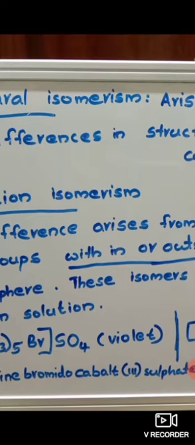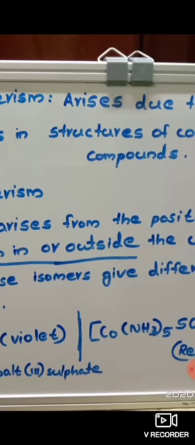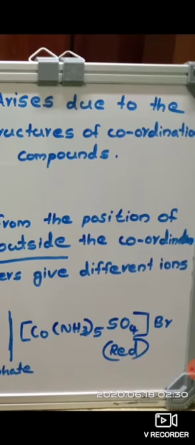It is having a violet color. But another compound which is having red color and the formula is [Co(NH3)5SO4]Br. The counter ion present here is Br.